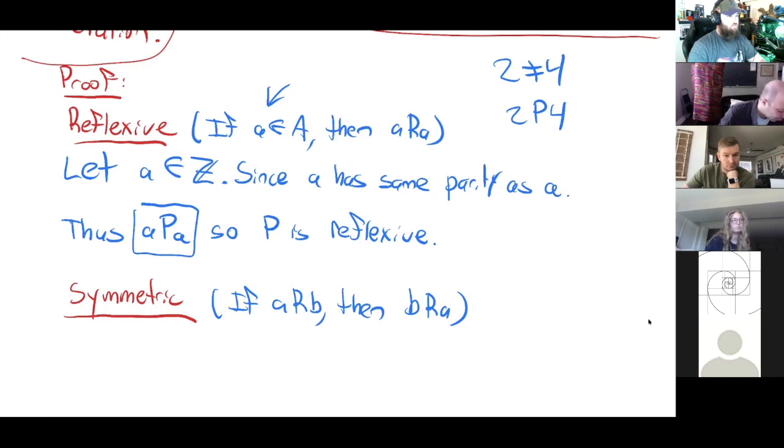Okay, so then for symmetric, this is an implication. Here we want to say, if I assume that I start with two integers, a and b, that are related to each other by this parity relationship, then we would like to show that they're related in the other way.